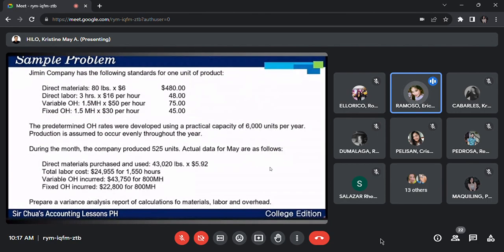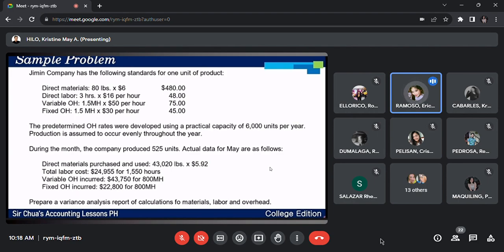This is the sample problem. German company has the following standard for 1 unit of product. Direct materials is 80 pounds times $6. Direct labor is 3 hours times $16 per hour.